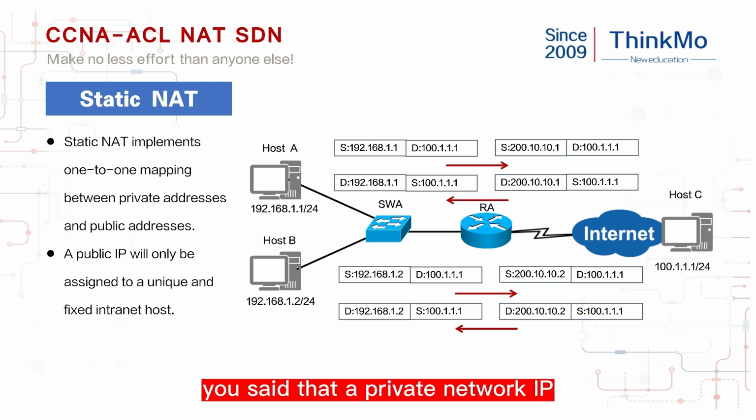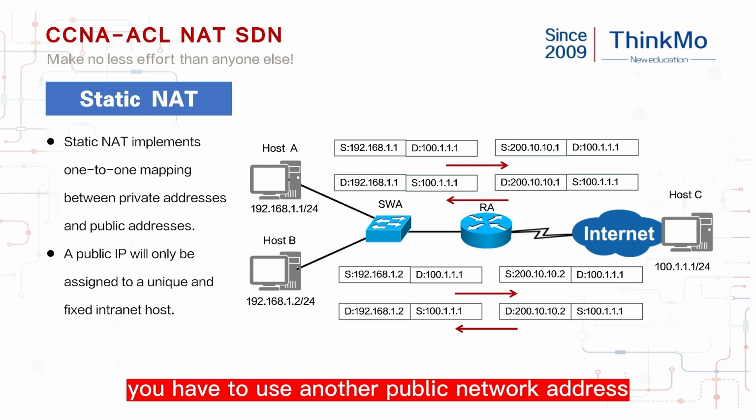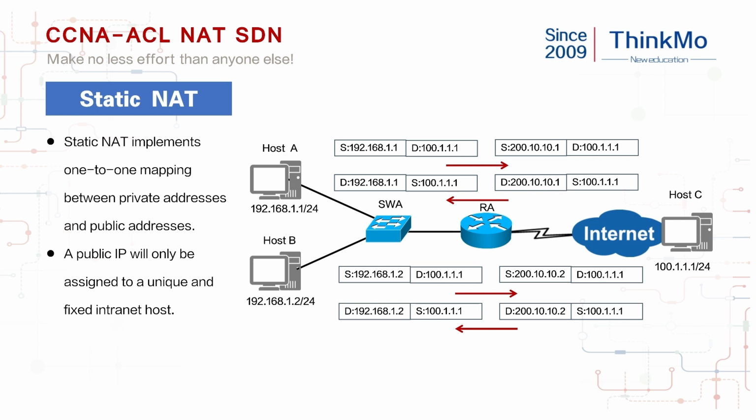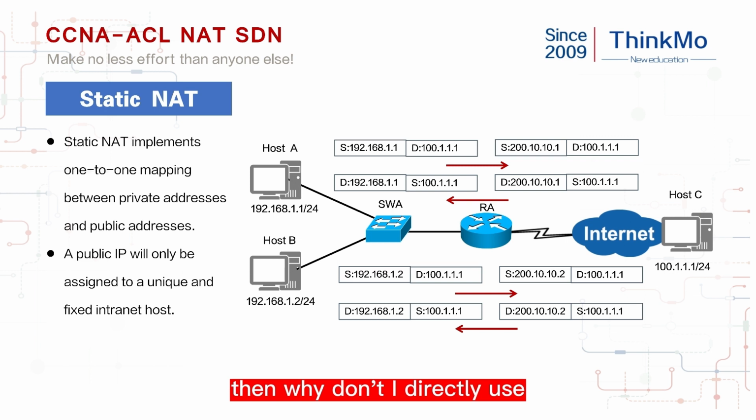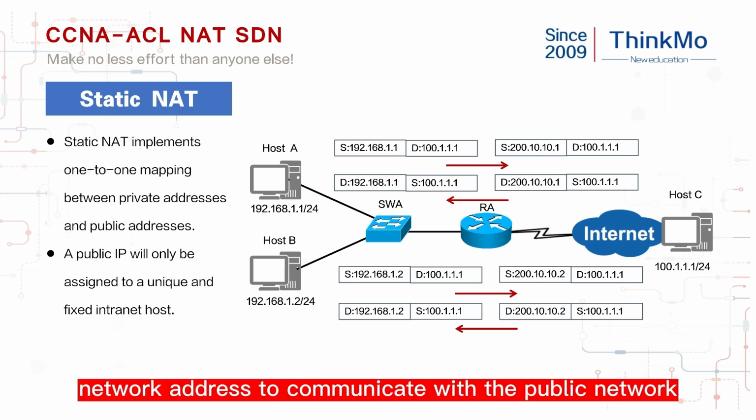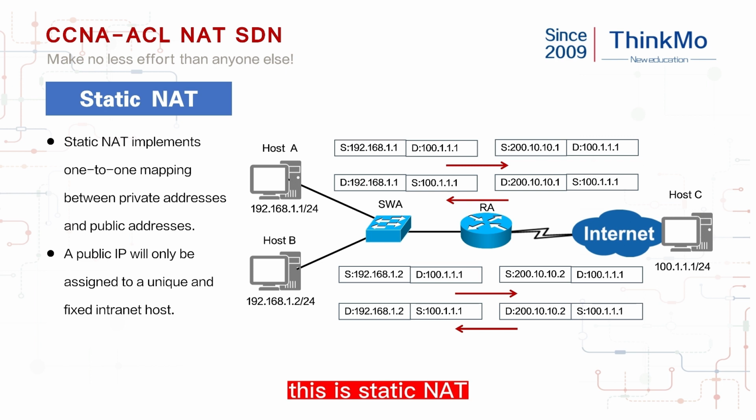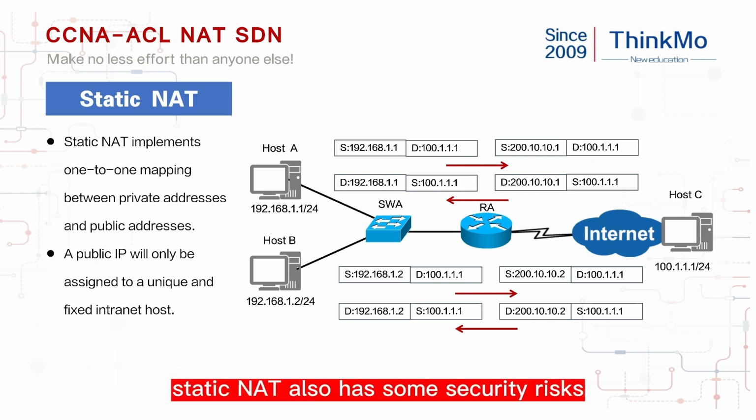A private network IP is converted to a public network IP to communicate with the public network. Another private network IP has to use another public network address to communicate. Then why don't I directly use the public network address to communicate with the public network? This is static NAT. Of course, static NAT also has some security risks.